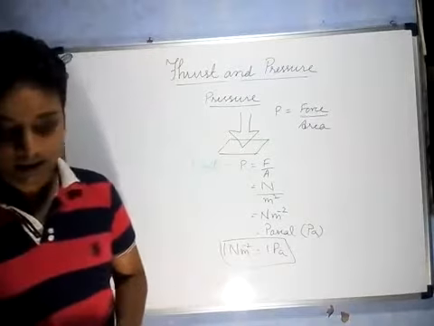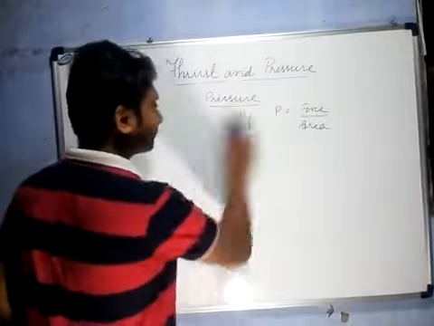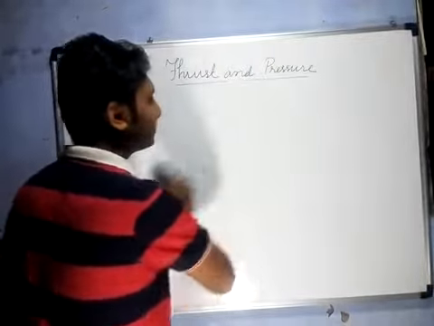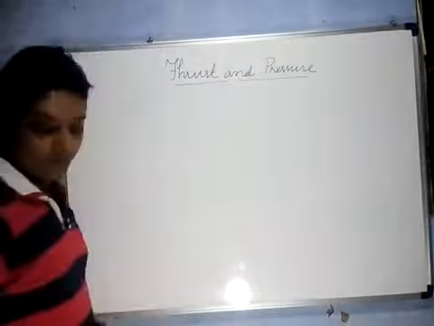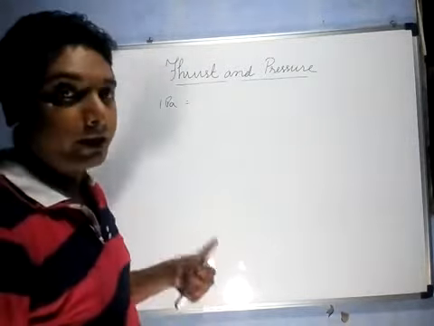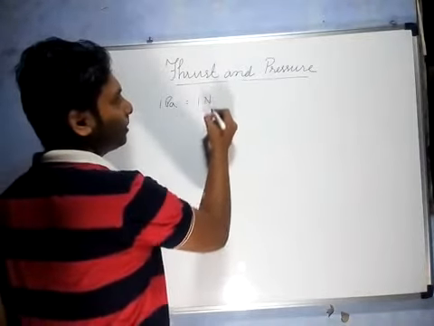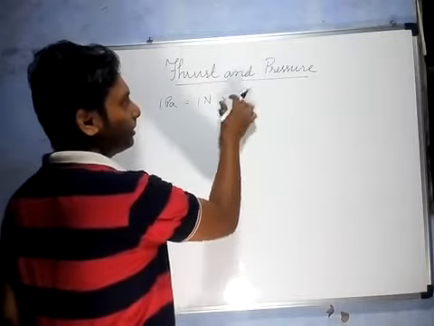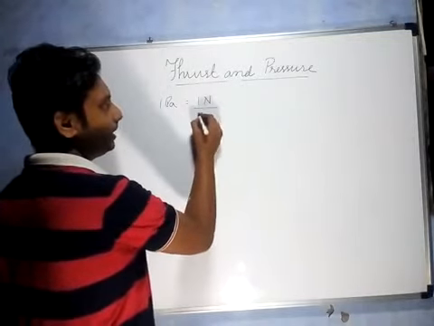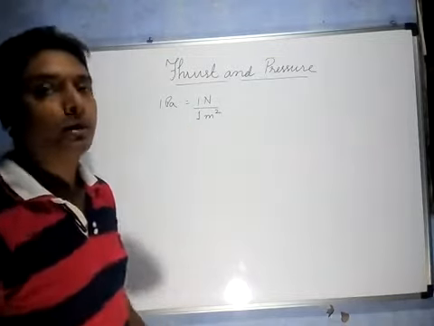So let's define what is 1 Pascal. 1 Pascal is basically the pressure created when a force of 1 Newton acts on a body of area 1 meter square. Then we will say that the pressure applied is 1 Pascal.